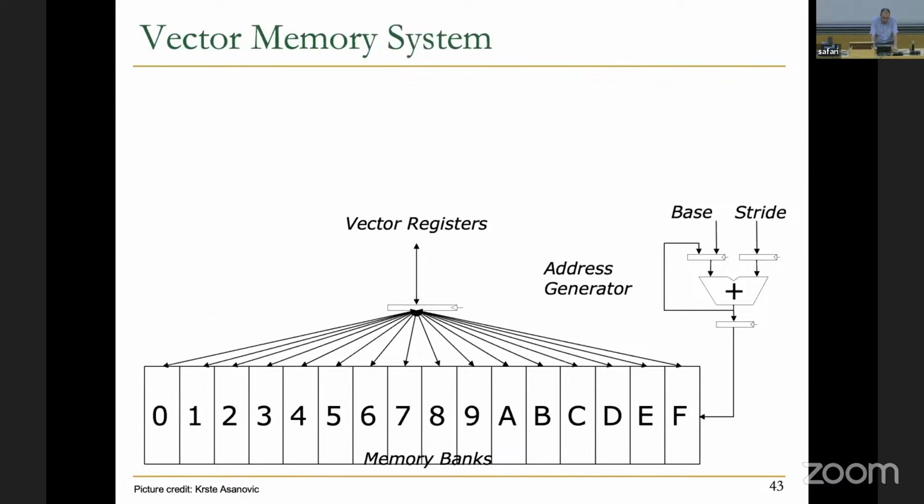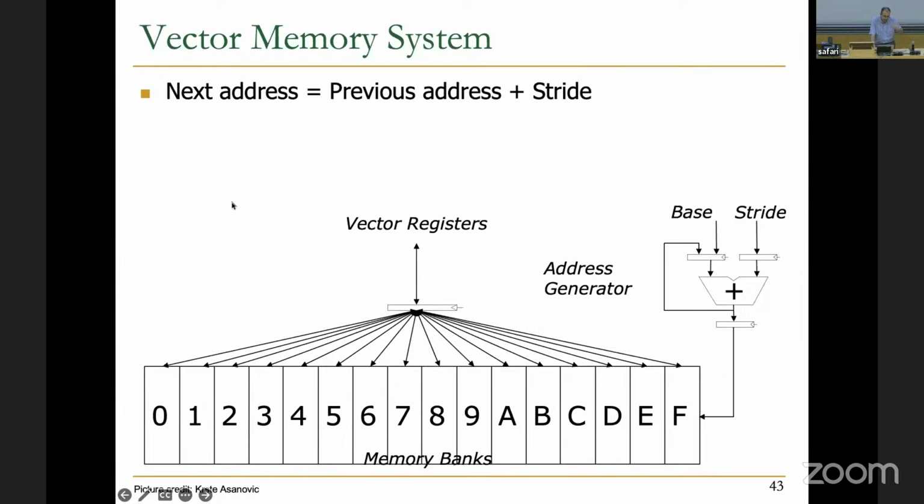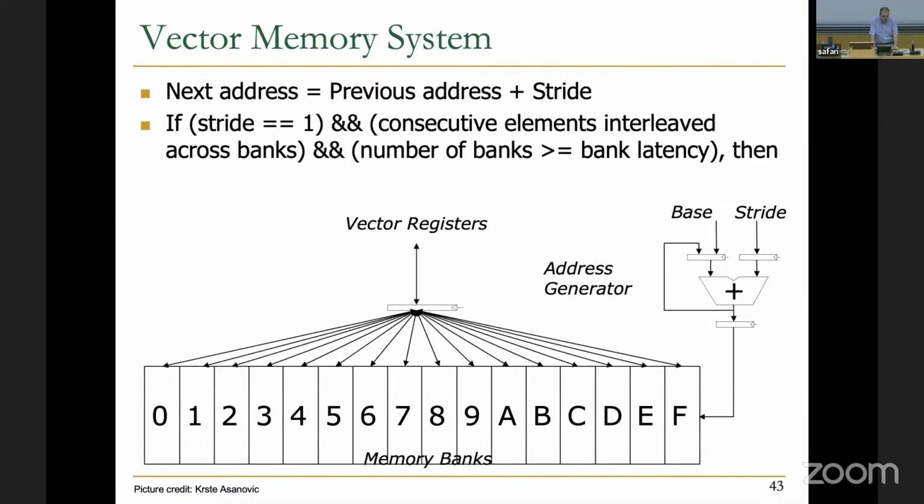Here is our example, with the vector register and our 16 memory banks. The address that we load is the previous address plus the stride. If the stride is 1, consecutive elements are interleaved across banks, meaning that element 0 is in bank 0, element 1 is in bank 1, element 2 is in bank 2, element 15 is in bank F, and then element 16 is again in bank 0.